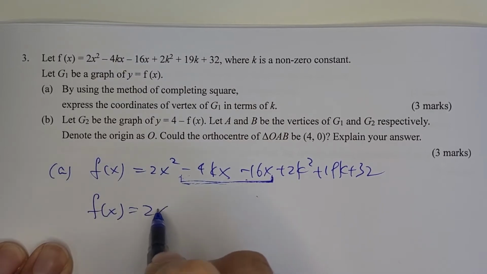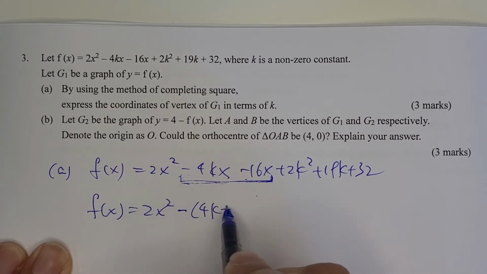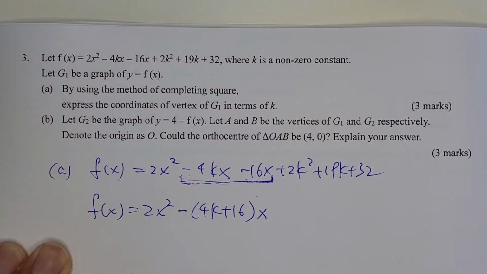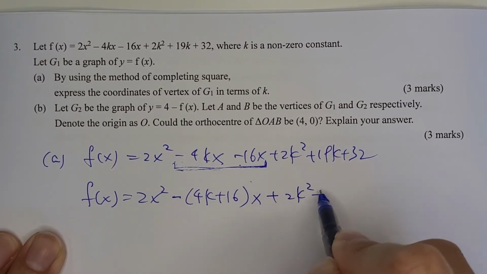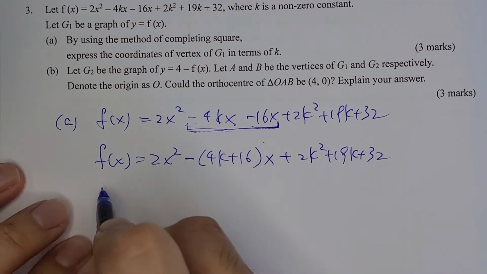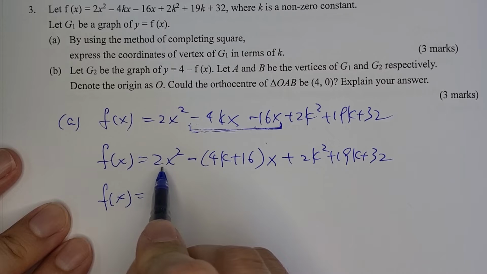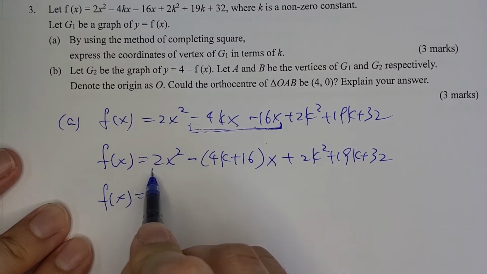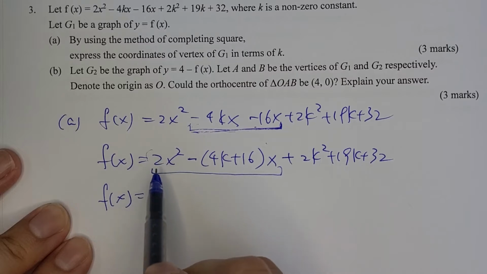So we will do it this way. Take out the negative, and then 4k plus 16, and then x. And then plus the constant term 2k squared plus 19k plus 32. And then you can take out the number 2 from the first 2 terms, the coefficient of x squared.